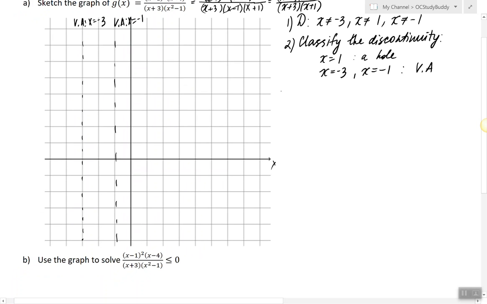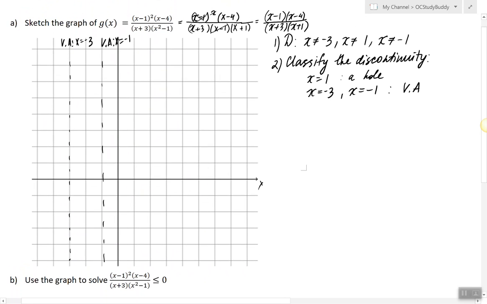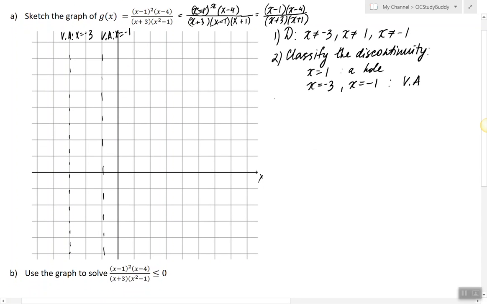Next, once we've found vertical asymptotes, we would like to find out whether there are horizontal or slant asymptotes. So to find out, we have to consider the degrees of the numerator and the denominator. So here we see that the degree of the numerator is 2 and the degree of the denominator is 2. So we have same degrees.